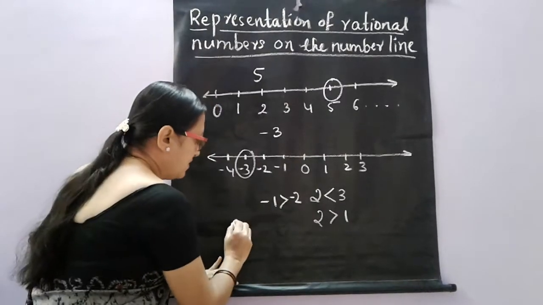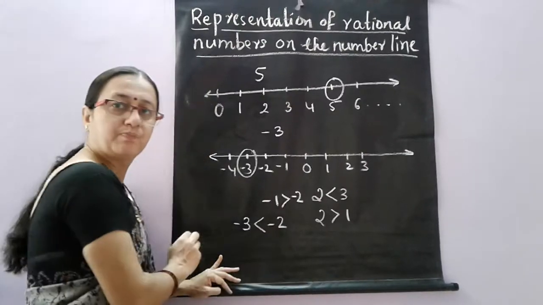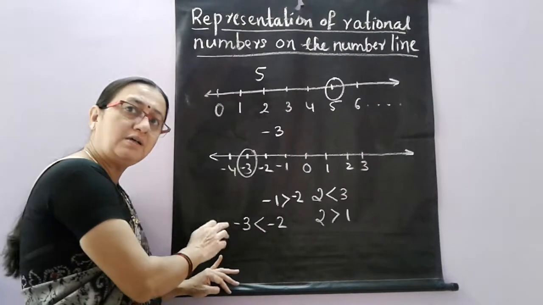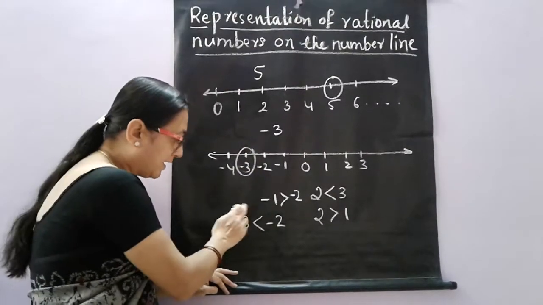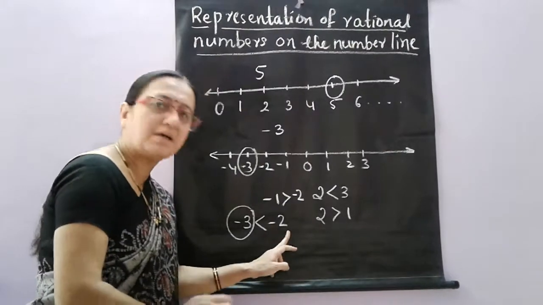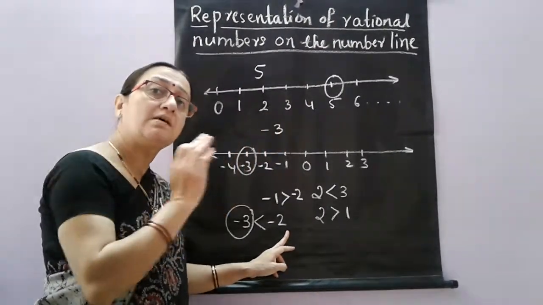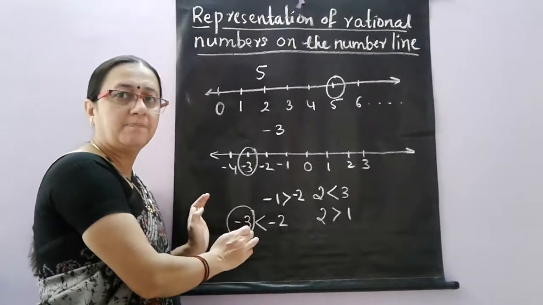But minus 3 is smaller than minus 2. This much you have learnt in your 7th standard. Always in the negative side, greater the number, lesser its value, and smaller the number, greater its value. That is for the negative number line here.